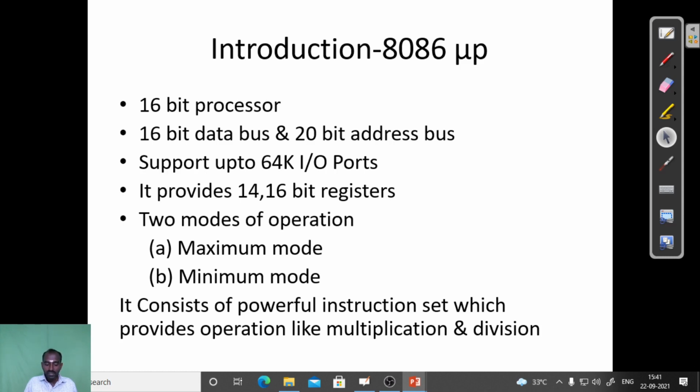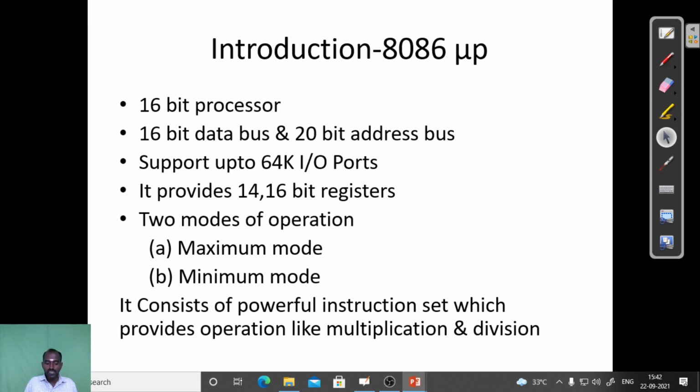The 8086 has a 20-bit address bus and a 16-bit data bus. That means it can access up to 2 power 20, that is, 1 megabyte of memory locations.